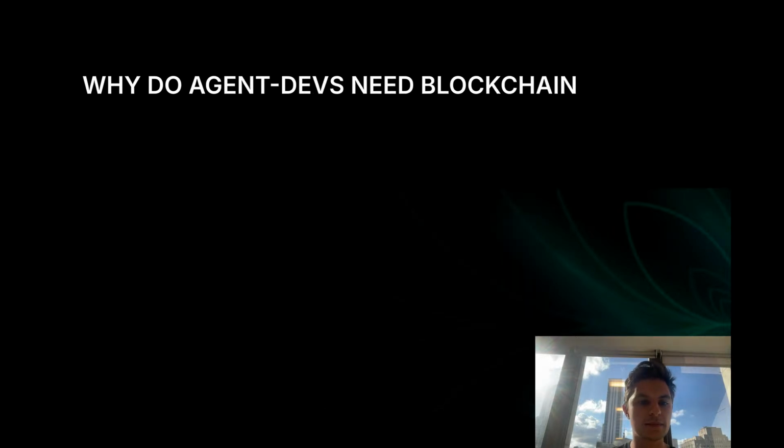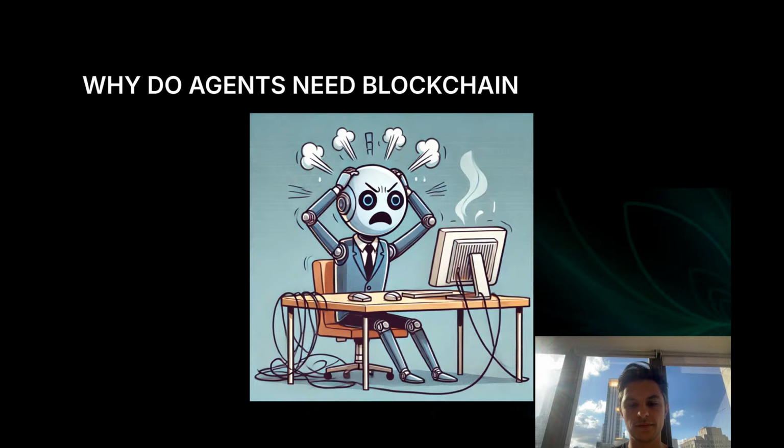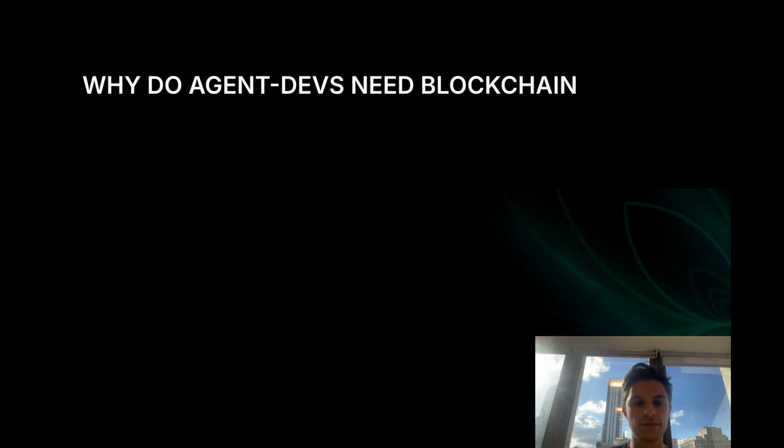At the same time, not only do agents need the blockchain or more modern rails to transact online. Think about how agents are going to progress. Today, ChatGPT is kind of smart. It can help you with one thing or another, but these agents still hallucinate. They're unreliable. They're still not as smart as humans.